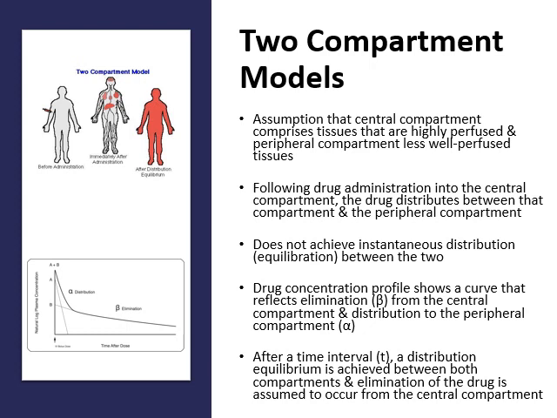So this 2-compartment model assumes that the central compartment, the heart, lungs, liver, and brain, comprises tissue that are highly perfused, and the peripheral compartment is everything else, and everything else is less well perfused. So following administration of the drug into that central compartment, the drug will distribute between the central compartment and the peripheral compartment. It does not achieve instantaneous distribution and equilibration between the two, as is depicted in that picture.